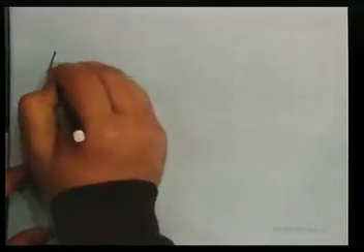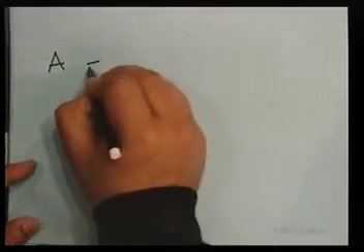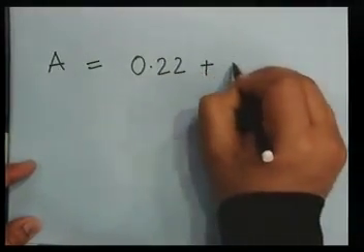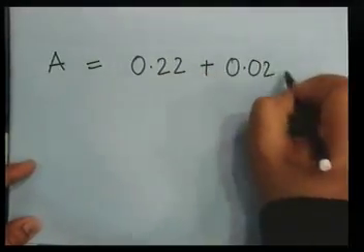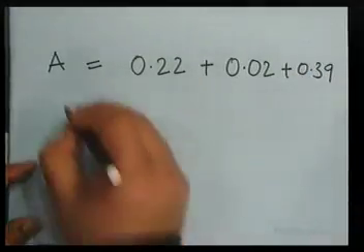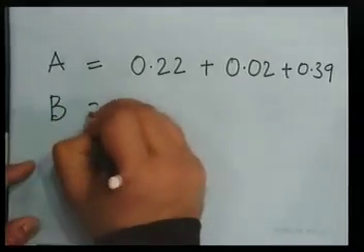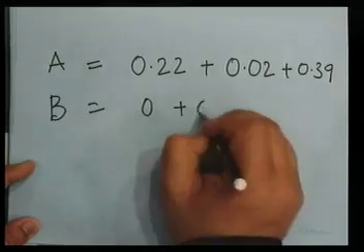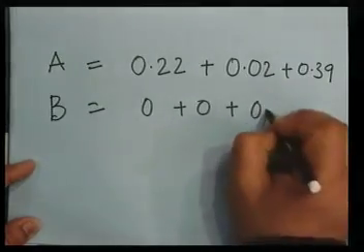For alternative A, you will get a sum of 0.22 plus 0.02 plus 0.39. For alternative B, you will find it is 0 plus 0 plus 0.46.